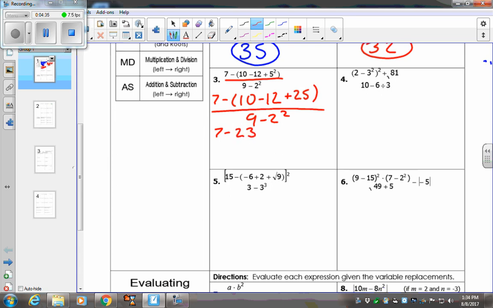So I'm going to have 7 minus 23 divided by 9 minus, what's 2 squared? 4. So 7 minus 23 gives me what? Negative 16 divided by what's 9 minus 4? 5.